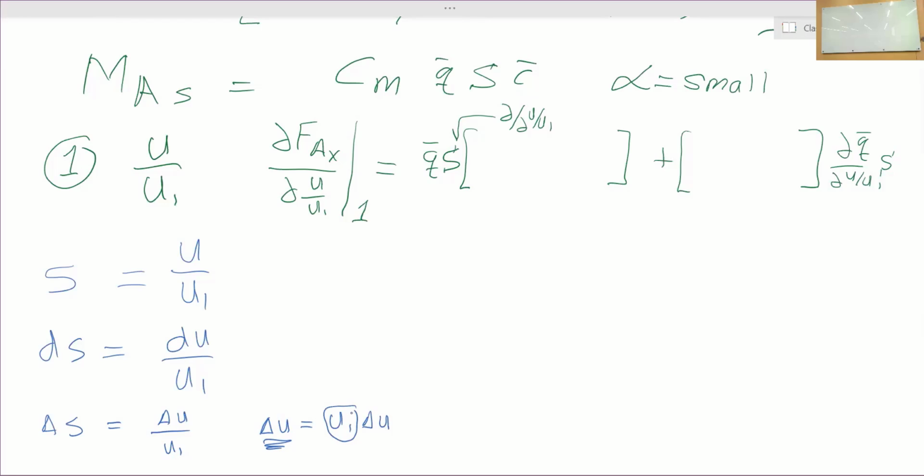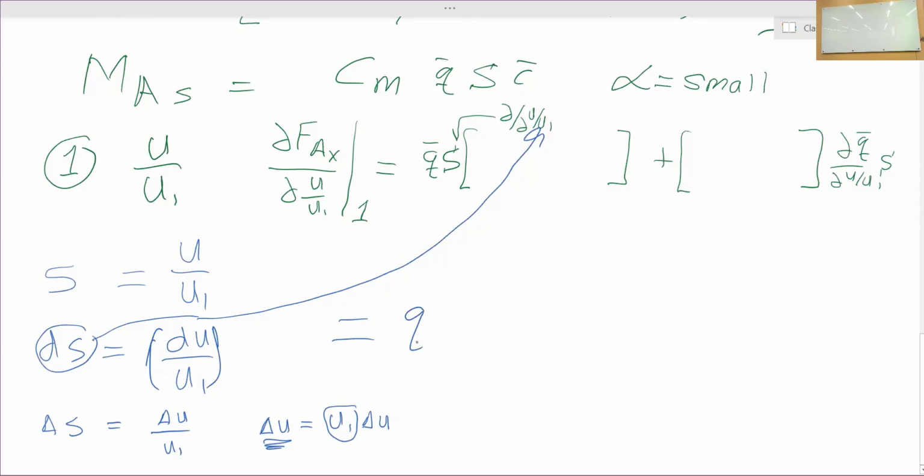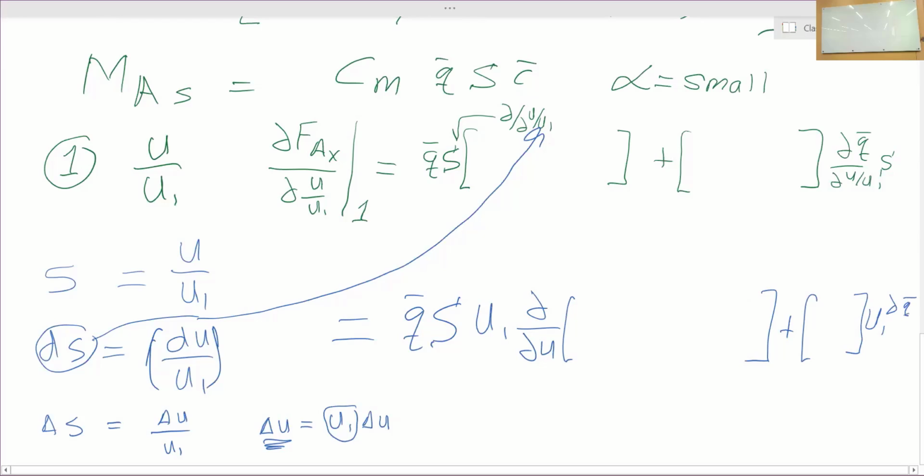Because there's several different ways you can think about this. One way is to replace ds in that formula by du over u1, and then the u1 pops up into the top. So either way you want to think of this, you're going to have q bar s, and then u1 times the derivative with respect to u of that thing in the bracket, plus the bracket, u1 derivative of q bar with respect to u times s.